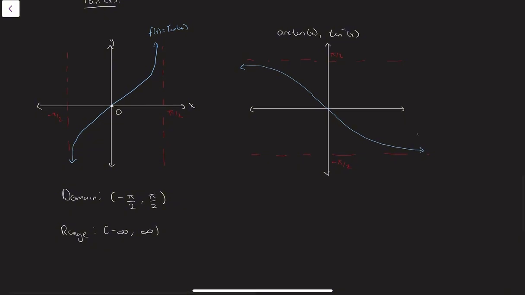Perfect. So we'll call this f of x is equal to arc tan of x.